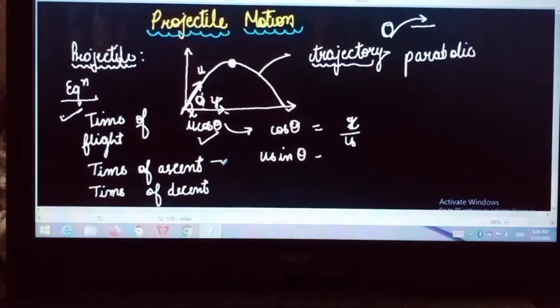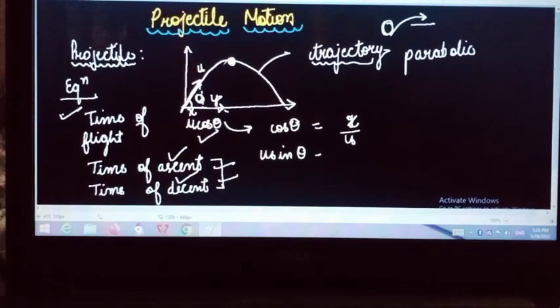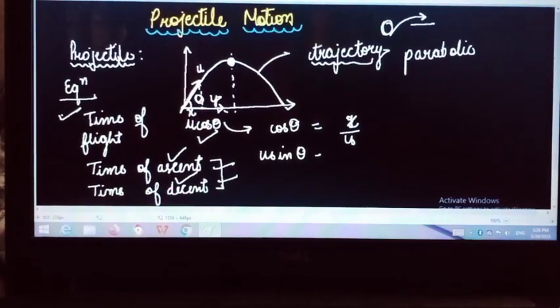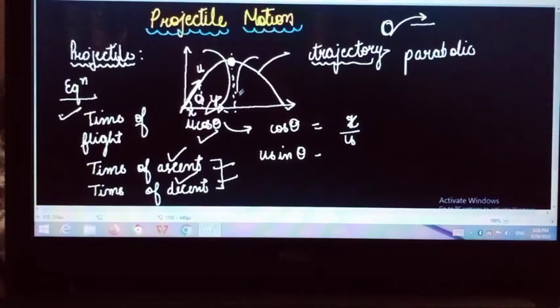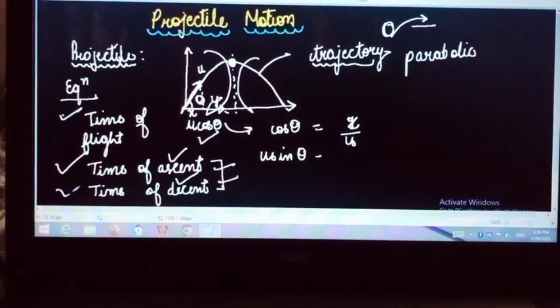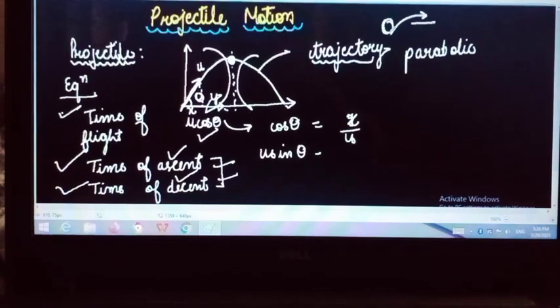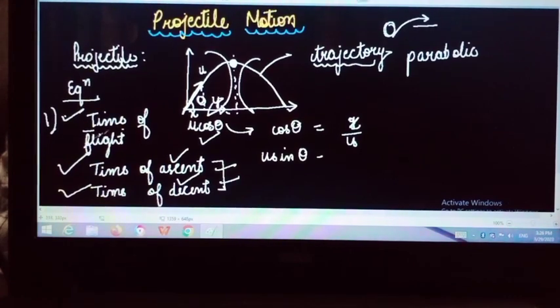The relation between them is that both of these times are equal, because the projectile motion exhibits a parabolic path and the parabolic path is symmetrical on both sides. So we have the same magnitude of time of ascent and time of descent. It's our first term, which is time of flight.